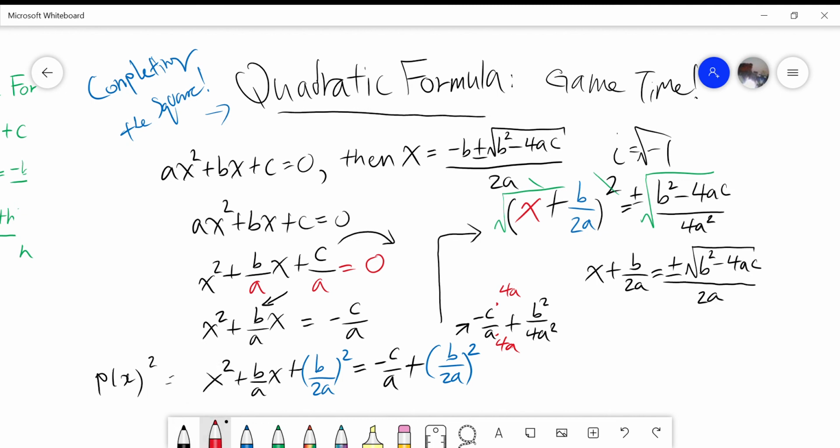Now we just gotta take this and move it to the right, combine the denominators, and drum roll, x equals negative b plus or minus the square root of b squared minus 4ac over 2a. And we are done.